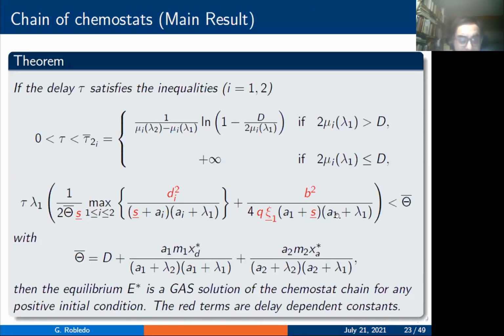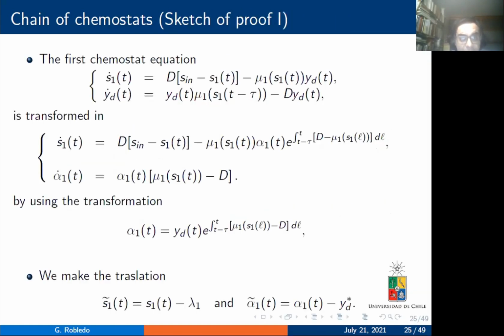Now I will show a sketch of the proof. First, I will consider the first chemostat equation, which can be transformed into this new equation by using this transformation. In addition, we will make this translation. You can see that this term and this term are the first two coordinates of the equilibrium E star.